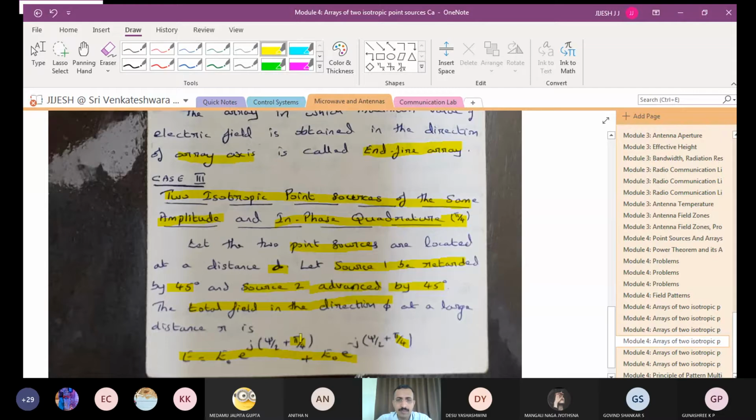So this is case 3, where we are discussing two isotropic point sources of same amplitude and in phase quadrature.